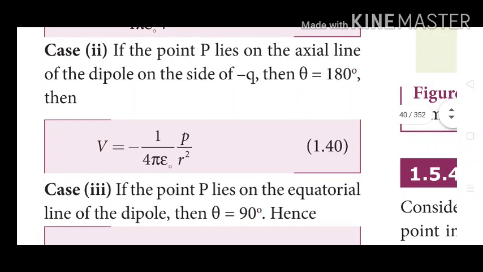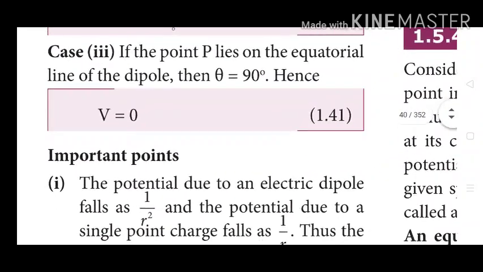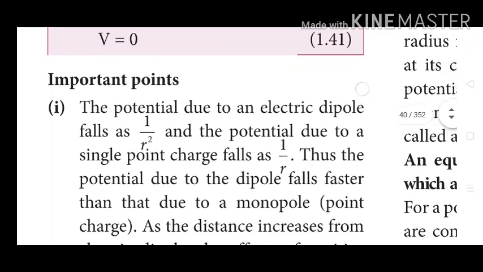Case 2: if the point P lies on the axial line of the dipole on the side of minus q, then theta will be 180 degrees, and V is equal to minus of 1 by 4 pi epsilon naught P by r square. Case 3: if the point P lies on the equatorial line of the dipole, then theta is equal to 90 degrees, hence the potential will be 0. So far we have seen 3 important cases.